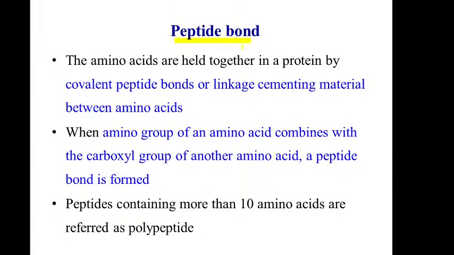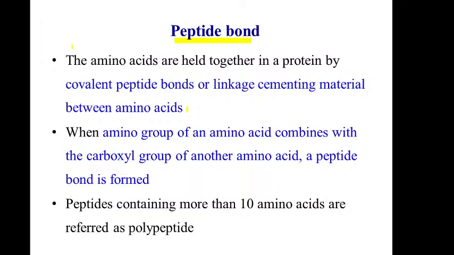Now we have the peptide bond. The amino acids are held together in a protein by covalent peptide bonds or linkage, cementing material between the amino acids. So when the amino group of an amino acid combines with the carboxyl group of another amino acid, a peptide bond is formed.